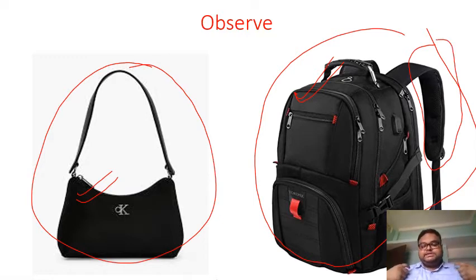When you put this strap on your shoulder, what will happen? It will apply less pressure. See, this is the bag and this is the strap, right, students? Similarly, in this module we will see the applications of pressure in our daily life.